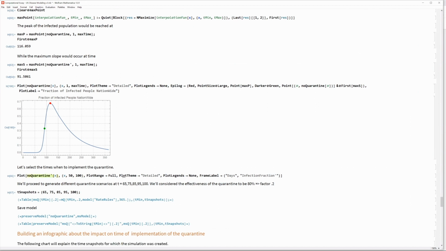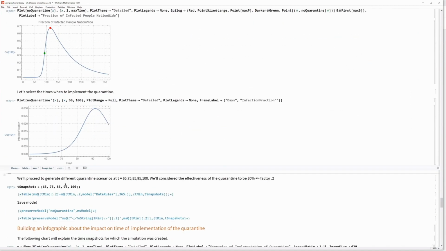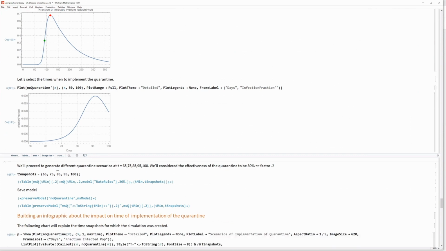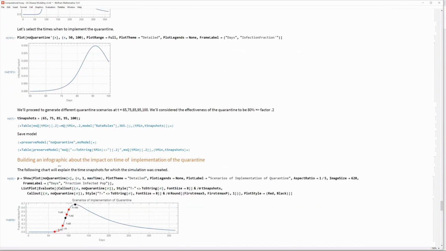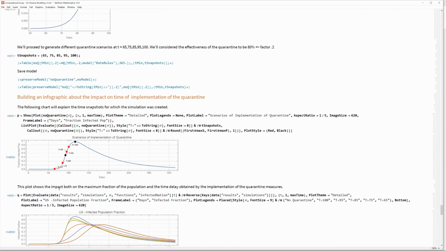So we decided to see which times to use for taking snapshots of when to start the quarantine and see how that affects the whole thing. Let's see what happens if we do the quarantine at time 65, 75, 85, the maximum at 92, 95, and 100.